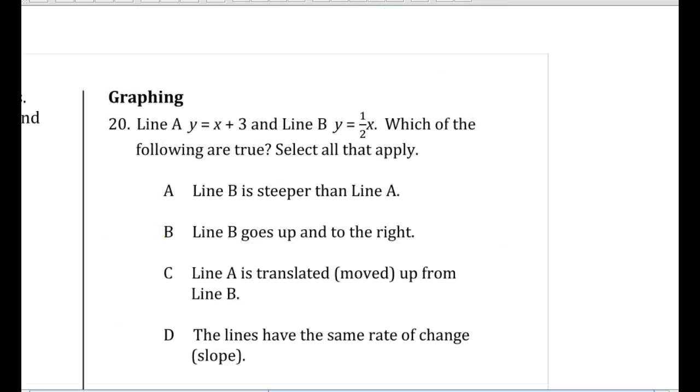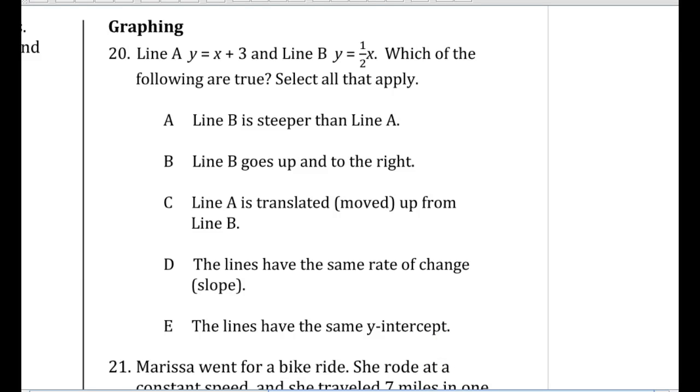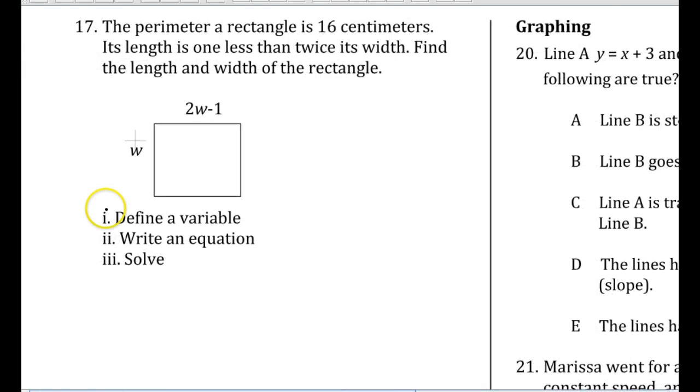Okay, let's head on to page 3. Alright, perimeter, so all the way around. So one thing about a rectangle, we have to know that if this side is the length of W, so is this side. And if this side is twice W minus 1, then so is this side.